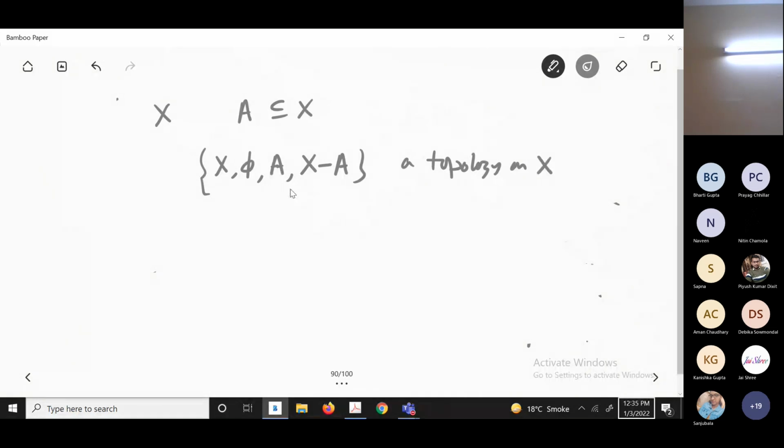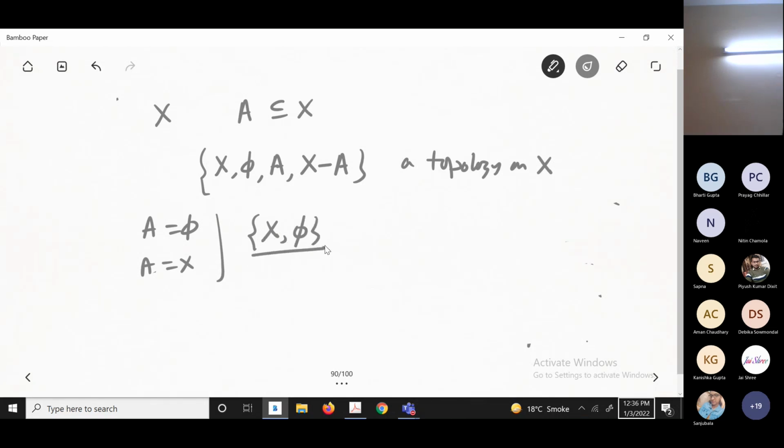If A is empty or A equals X, then you will get simply X and phi, the trivial topology.